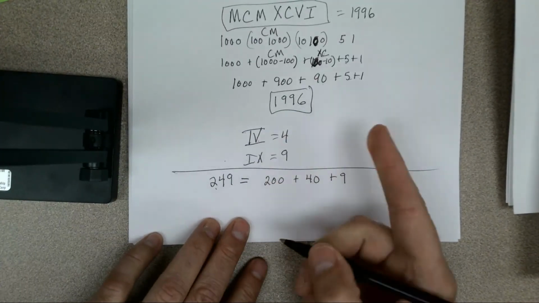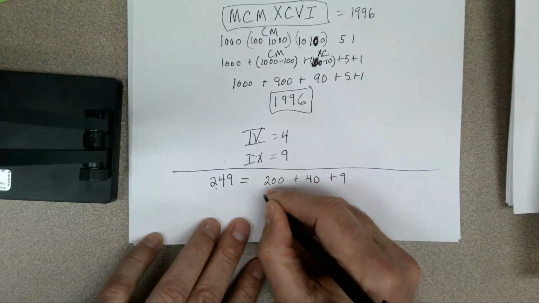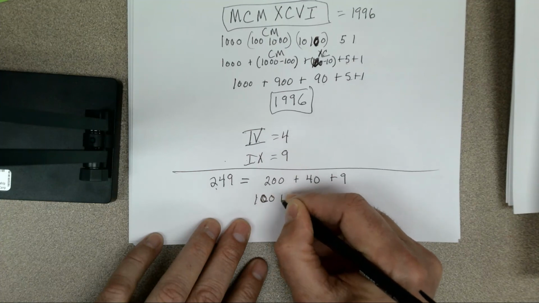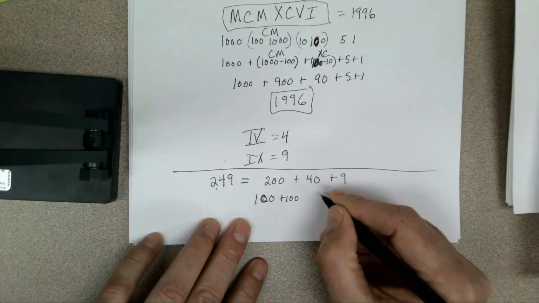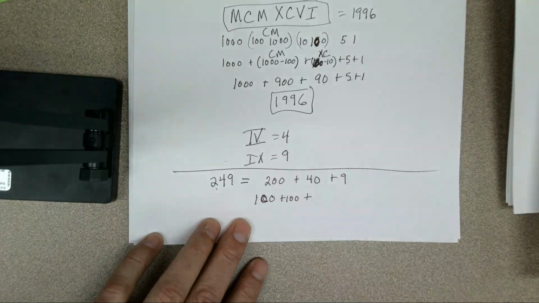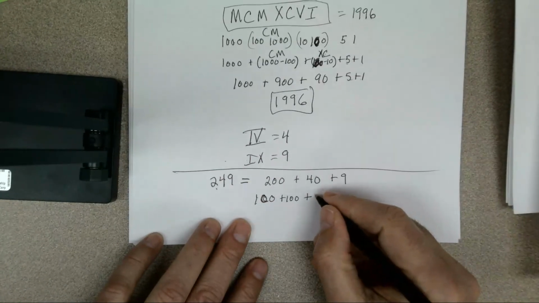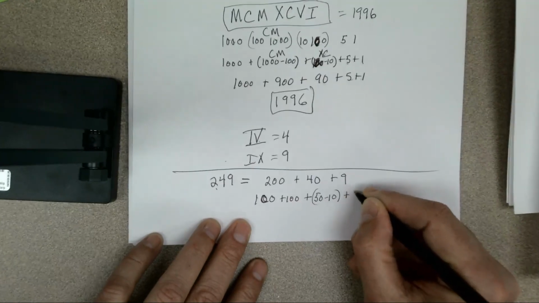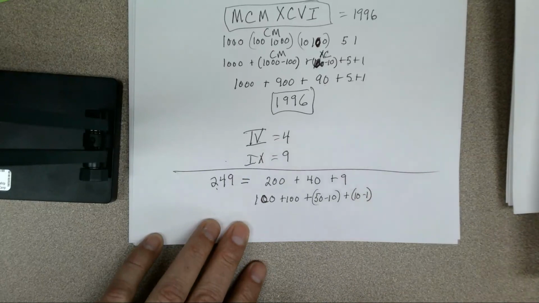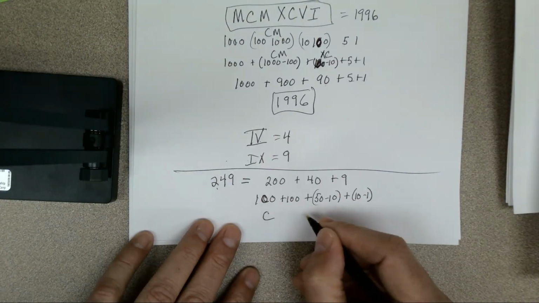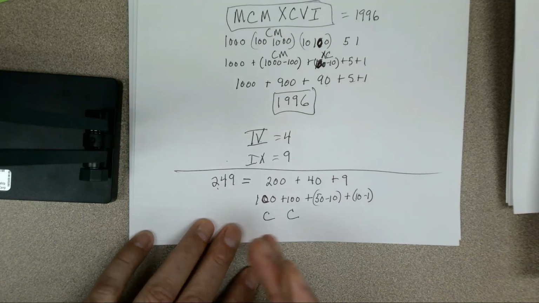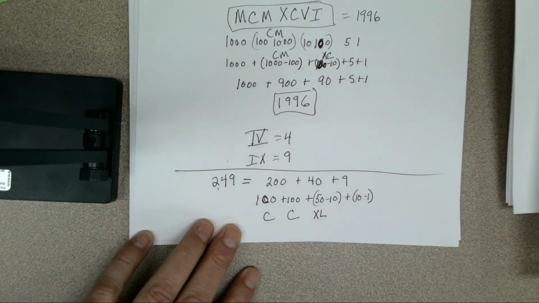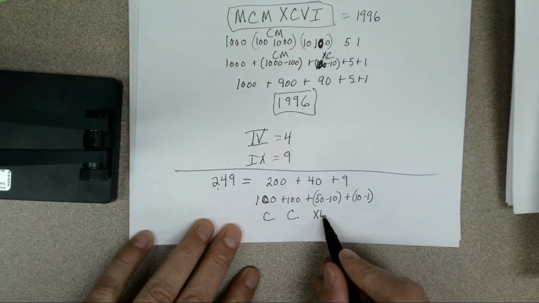So 200, well, remember 100 is C, so this would be C. So let's first break this down even further. 100 plus 100. Remember, 40, we have 50, so this would be 50 minus 10. And then this would be 10 minus 1. All right, so we know this is C, that is C, 200. 40 is actually 50 minus 10, so you take the 10 and then the 50, so that's XL.